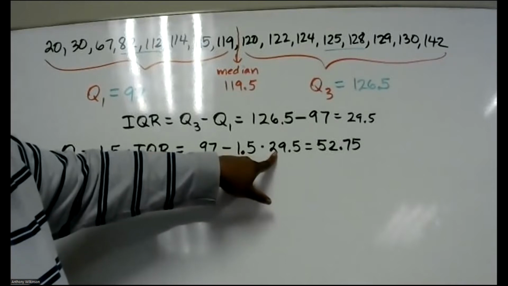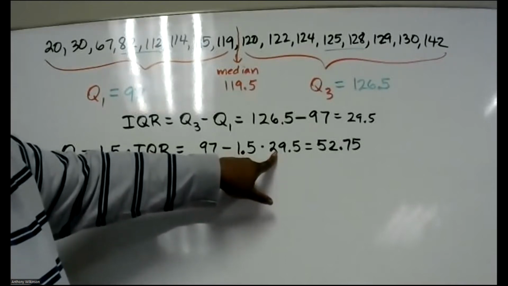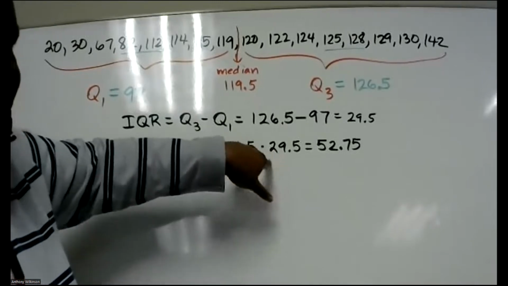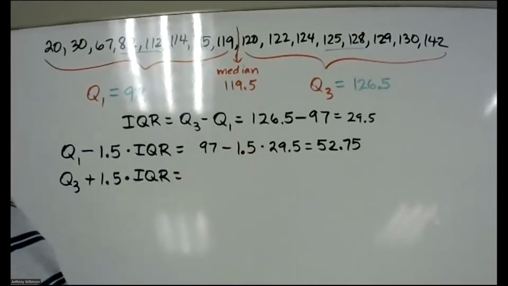I know you're using a regular calculator on this one. But whatever that is, you have to do 97 minus whatever you get for this, and you should get 52.75.